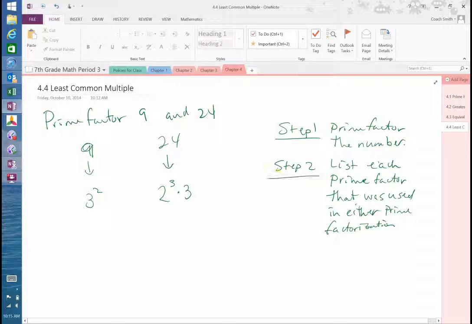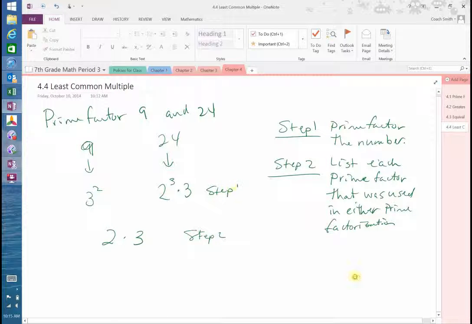So what were the prime factors used? 3 and 2. So 2 and 3. So this is step 2, and this is step 1.